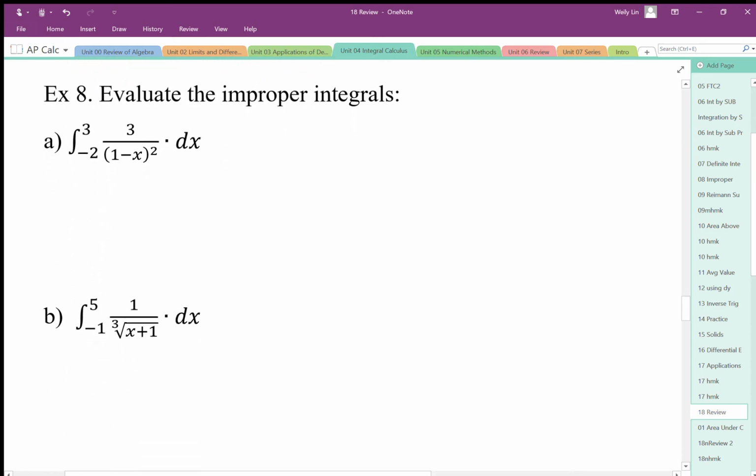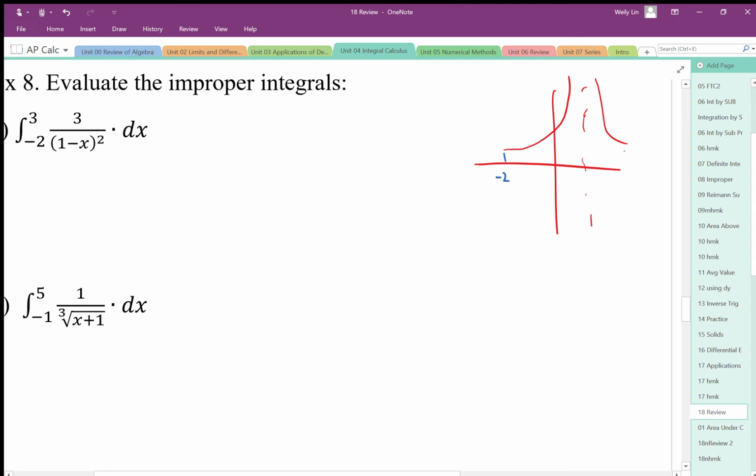For these ones, these are improper integrals, so I'm integrating across an asymptote. If I sketch a quick graph of this, there's an asymptote at +1. It's going to be an asymptote going like this and like this. So if I'm integrating from -2 to 3, I have two different areas here.